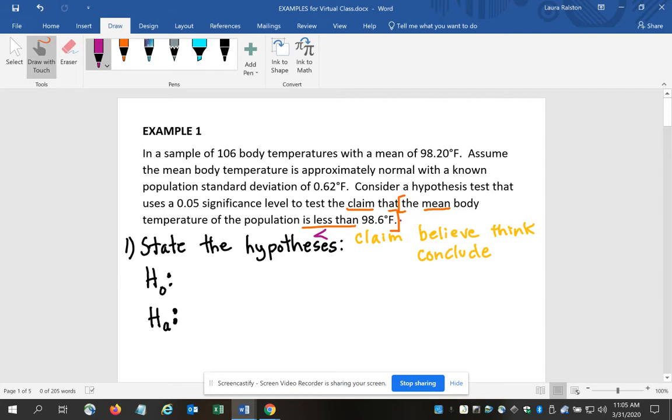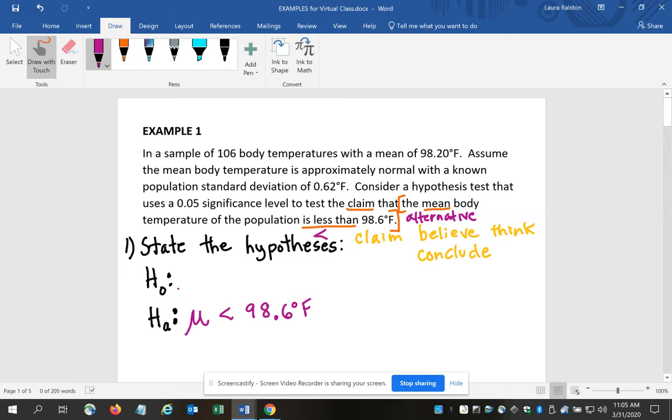So this particular statement happens to be your alternative hypothesis. So I now know that my alternative hypothesis is that the mean body temperature is less than 98.6 degrees Fahrenheit.